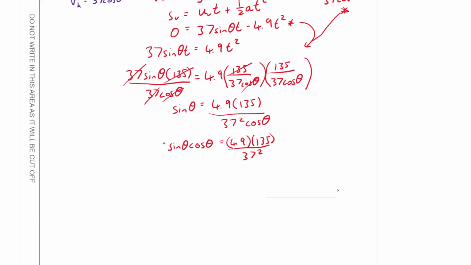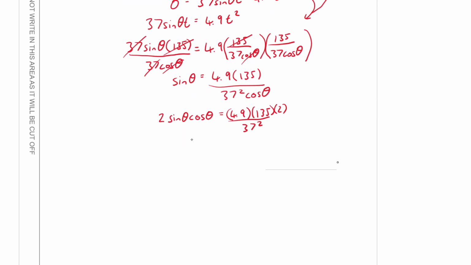So I put a 2 out the front there, and a 2 out the front here, so now I've got this function right there. So I can say, therefore, sine of 2 theta is going to be equal to this, and that value there becomes 37 squared.